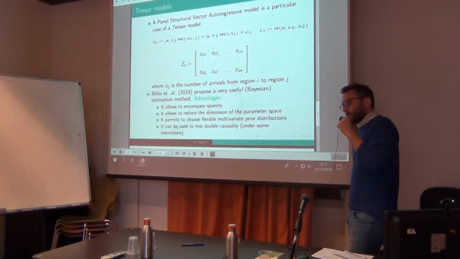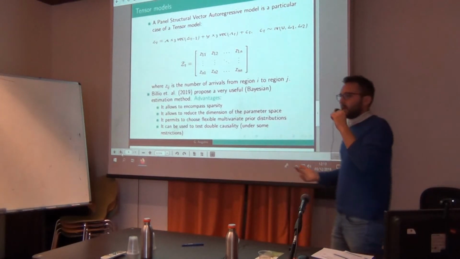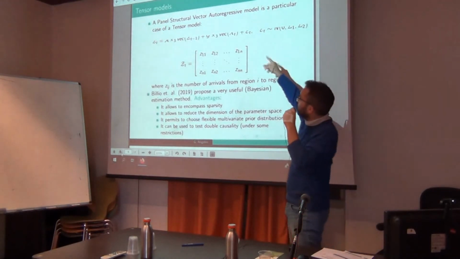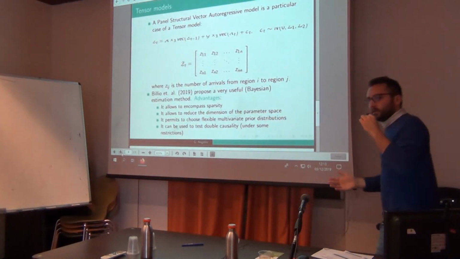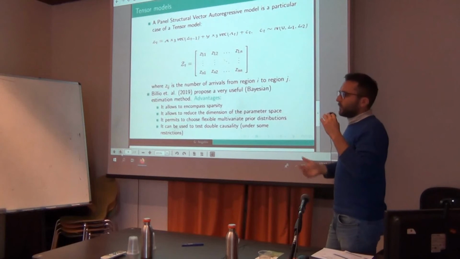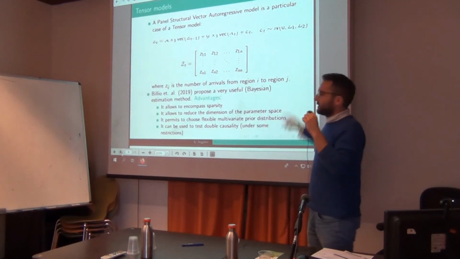At the same time, you can choose flexible multivariate prior distributions for all of these parameters. So you can restrict the parameters you want to restrict, do more or less whatever you need, and you can test double causality.